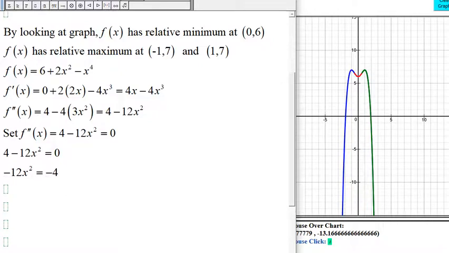And then divide by negative 12. And this is equal to 1/3. And then take the square root of both sides. So we get x equal. And again, when we take the square root of the left side and the right side, we need to put plus or minus in front, the square root of 1/3.